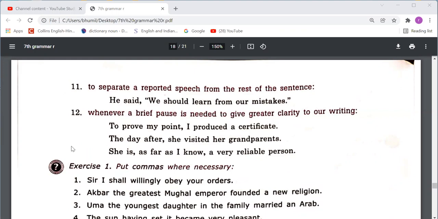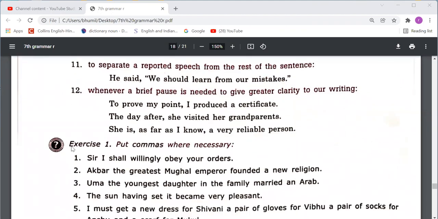After the reporting speech, we have to mention the comma, then the inverted commas. So after the reporting speech and before the reported speech, we have to mention the comma to make them separate. Basically, a comma is used to make things separate. For this purpose, a comma is used, right?